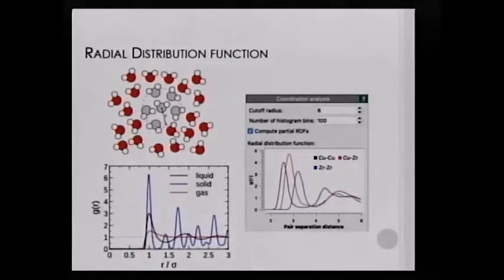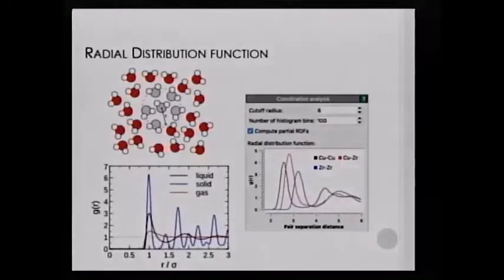As you progress through different phases of materials, from solid to liquid to gas, your RDF tends to lose definition. In this blue line, you can see very clear definitions for first neighbors, second neighbors, etc. But when you go toward liquid and then gas, you have a much more random distribution, so you don't have as much definition in specific intervals.